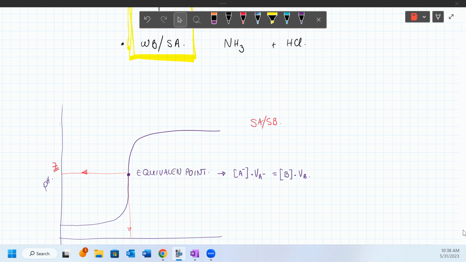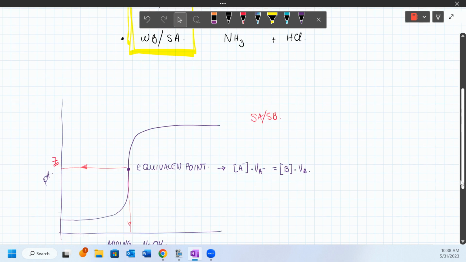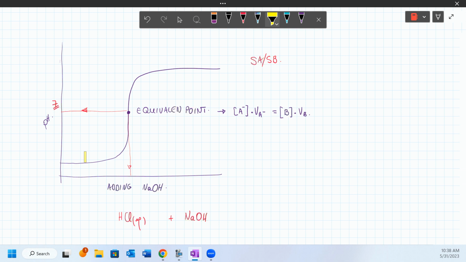How do we know that we are dealing with a strong acid or strong base? Because the starting part of the graph here is very flat. See here? This is an indication that there is no curve at the beginning, that you are dealing with a strong one. Now, this is a reaction that will go to completion. There is no equilibrium here. As a result, the products formed are liquid water and sodium chloride.